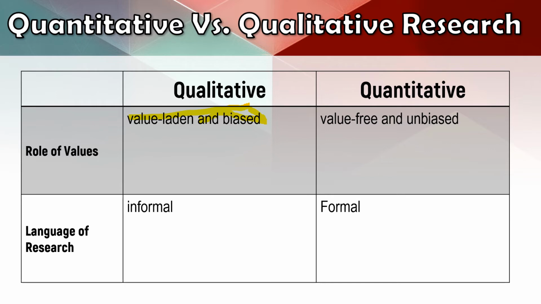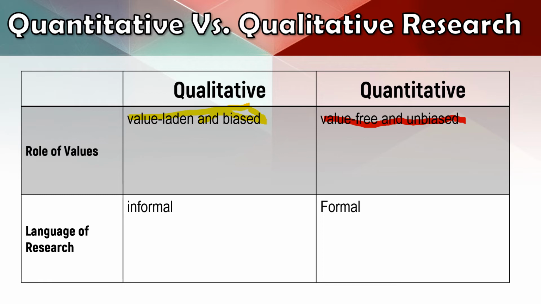Unlike quantitative, it is value-free and unbiased. When we say value-free, there is really no values or life virtues we can get from quantitative because it is about statistics. It is about figures and numbers.